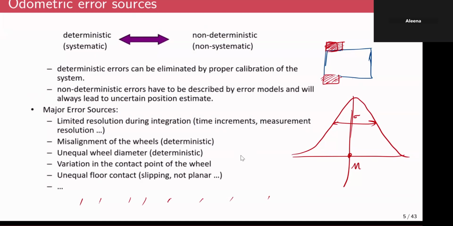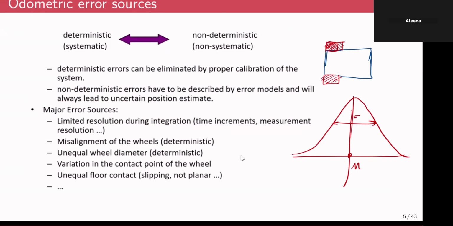Every sensor will have a sampling time, and because of that, there is a limited resolution during this integration.